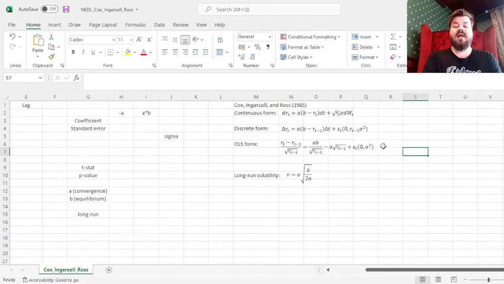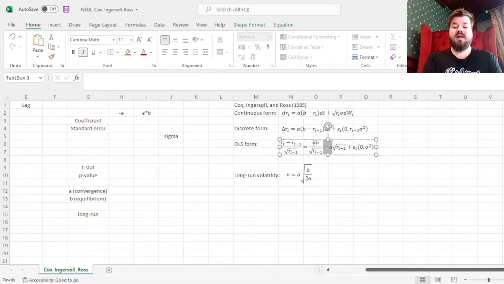And that quite naturally estimates the parameter negative a over here, as well as the AB product. And that allows us to extract the parameters of the Cox-Ingersoll-Ross model quite naturally from the OLS output.